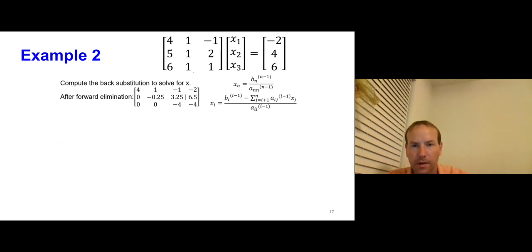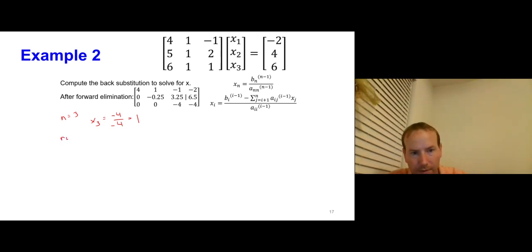So this is the 3 equation system that we had done, and this was the result from the forward elimination, and we're going to use the same basic strategy to back calculate the different x values. First off, note that this is an n equals 3 system, and x3 equals, right here, negative 4 over negative 4, equals 1. Okay, that was row 3.